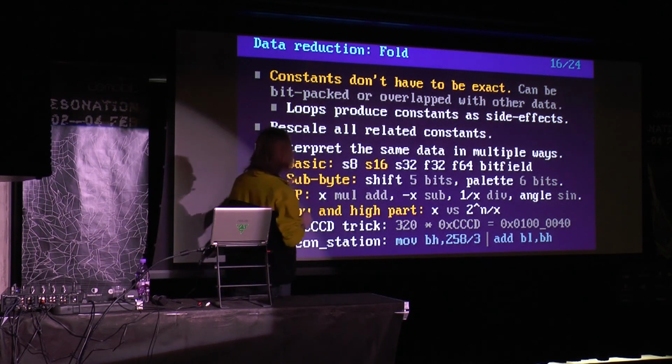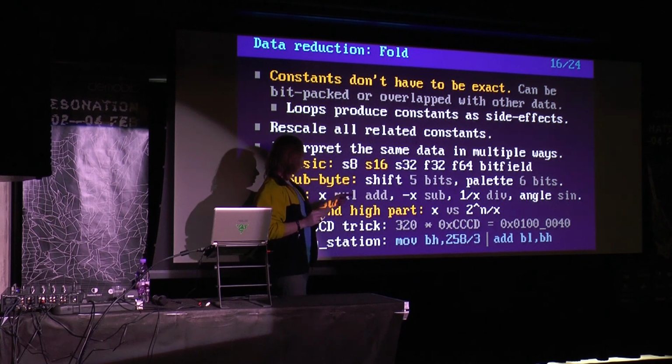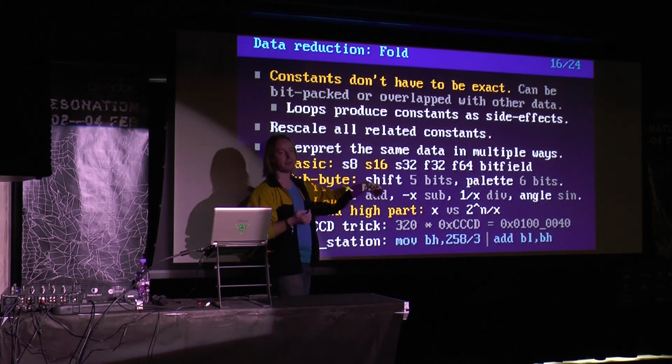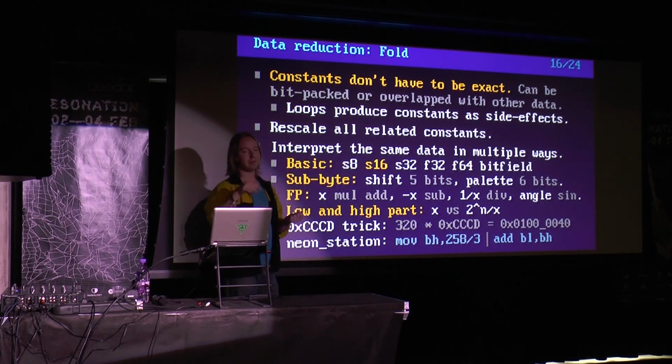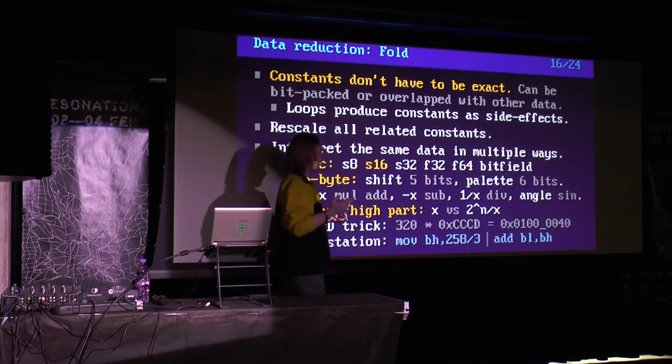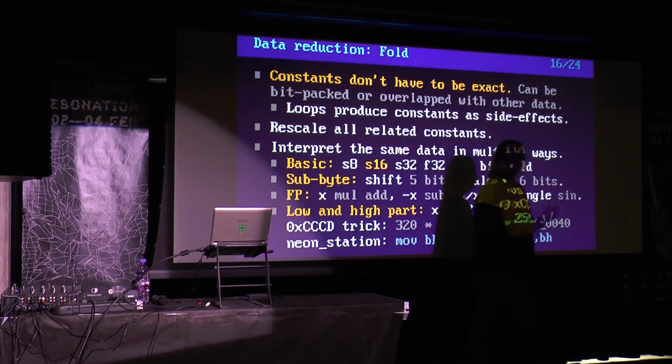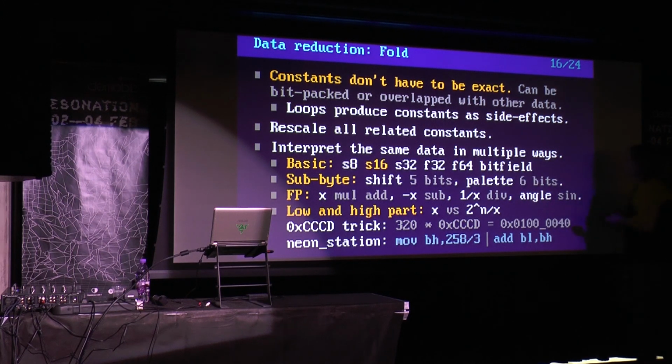When you use floating point, you can use the same constant multiple times. For example, when you put it into sine, it's interpreted as radians. Or when you divide by it, you get 1 over x for free. You have the same constant like that. In some of my intros, I have used an integer for an argument of the sine.